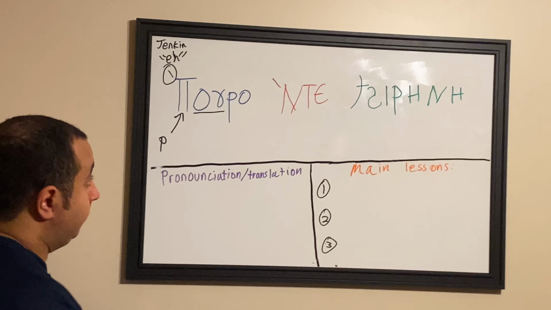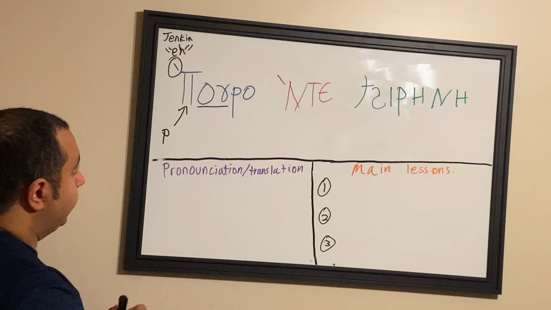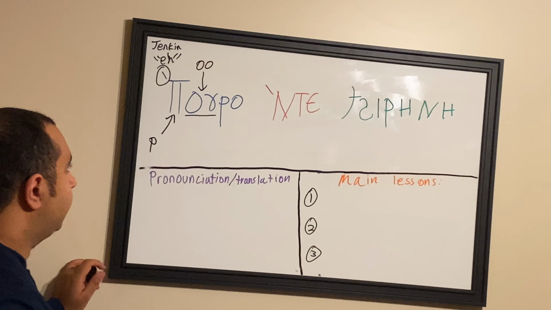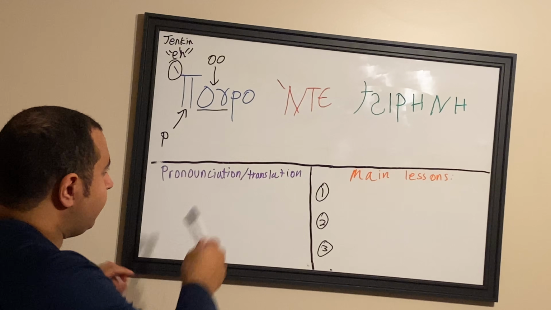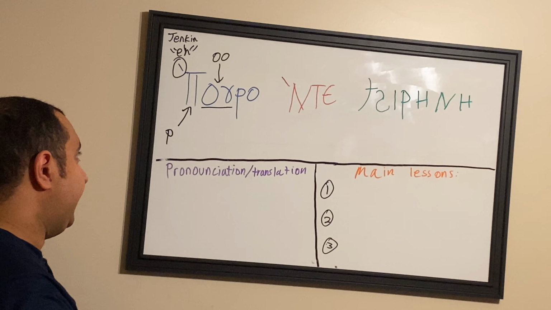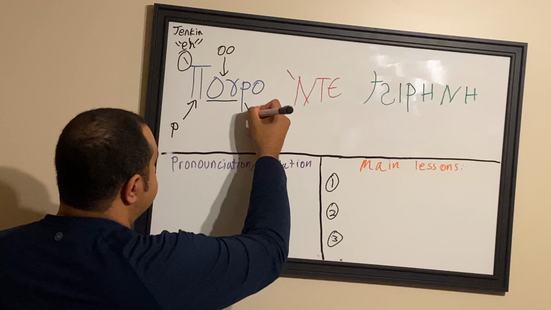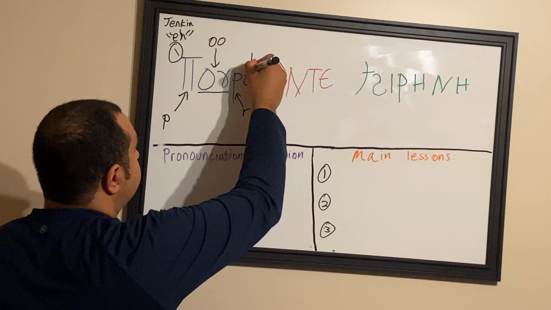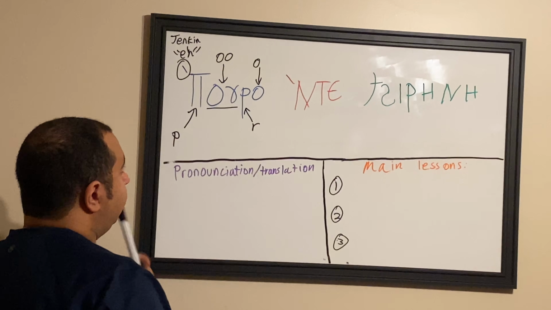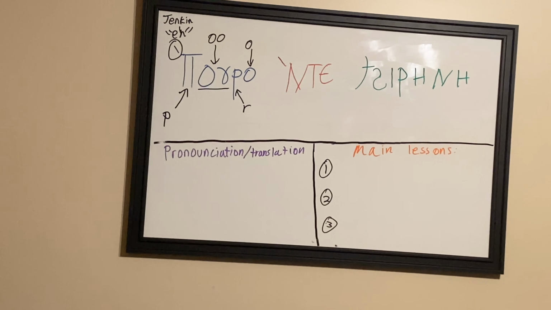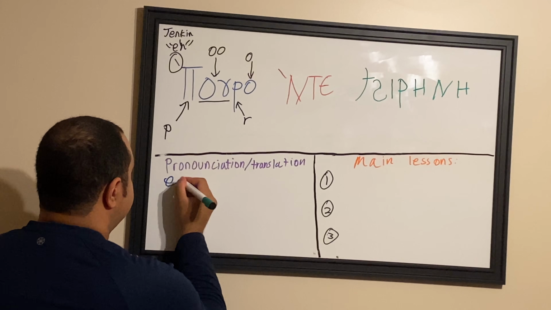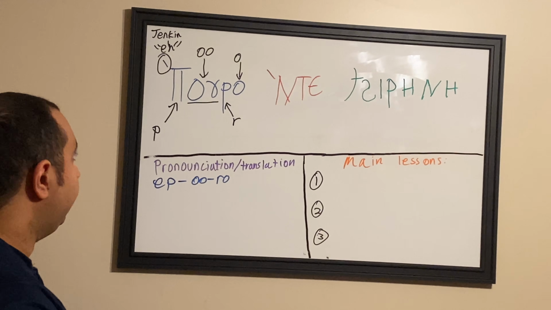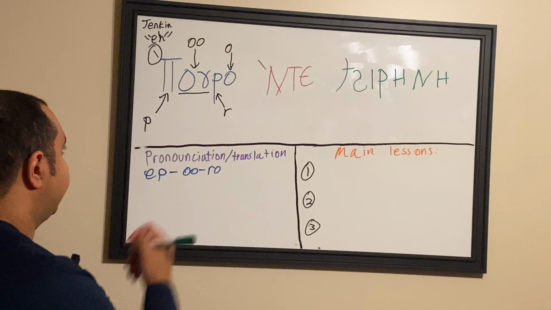But in this case, if it's just an O, it will sound like oo, like a double O. And now in this time, when we see a letter that looks like the English P, it's actually the letter R, and then there's another O. So, if we put this together, it'll sound like ip, wu, ro. Okay? Which would mean king.